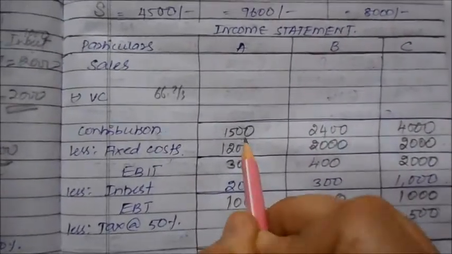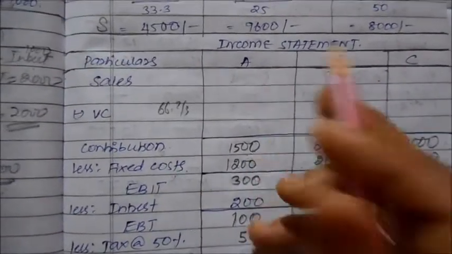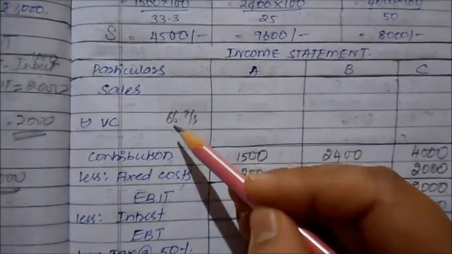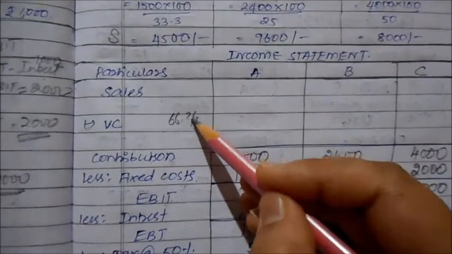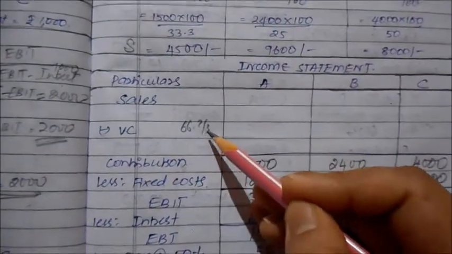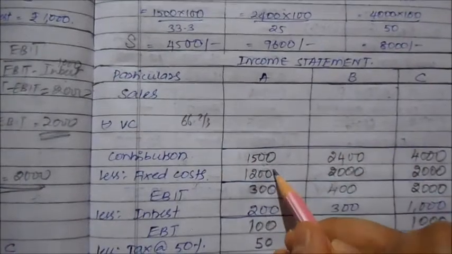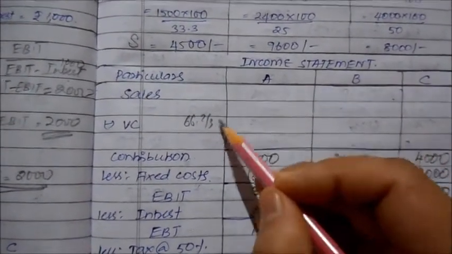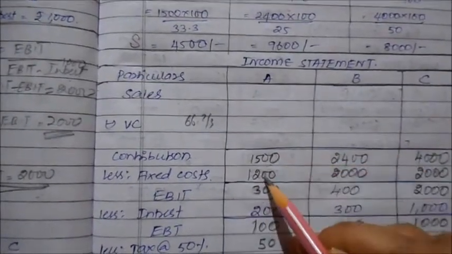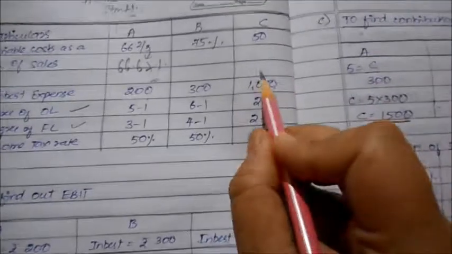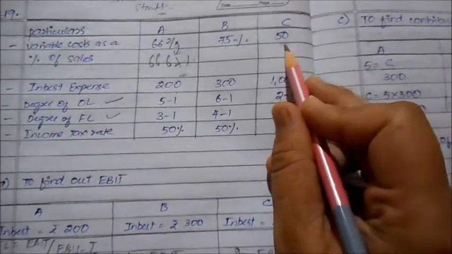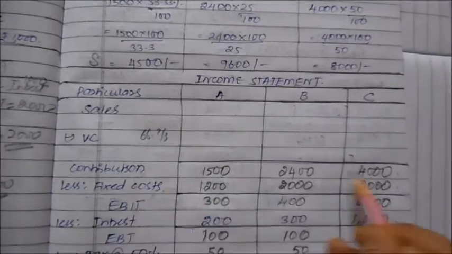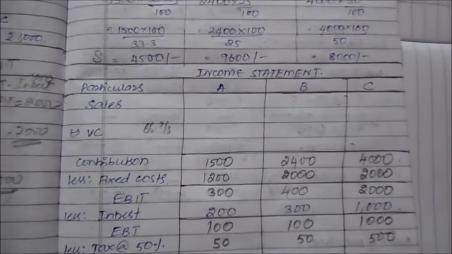Contribution is one important element. From sales, if you reduce 66.67, whatever is the remainder becomes the contribution, right? If this is 100 and I minus variable cost, whatever is pending becomes the contribution. For an easy example, in the case of C, if sales is 100 and 50% is variable cost, the remaining 50 becomes contribution. Just keep this in mind.